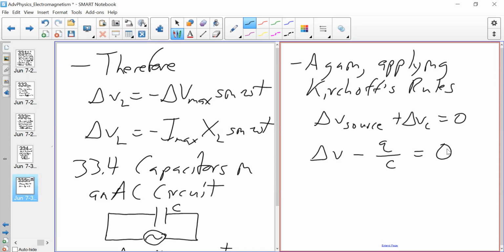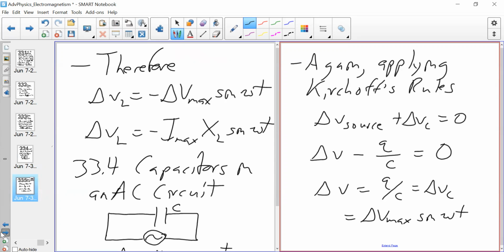And then, therefore, we set these equal to each other. That's going to be Q over C, which is delta VC, which is the same thing as the voltage source. That is the voltage drop across the capacitor as well. It's the same as the voltage source.